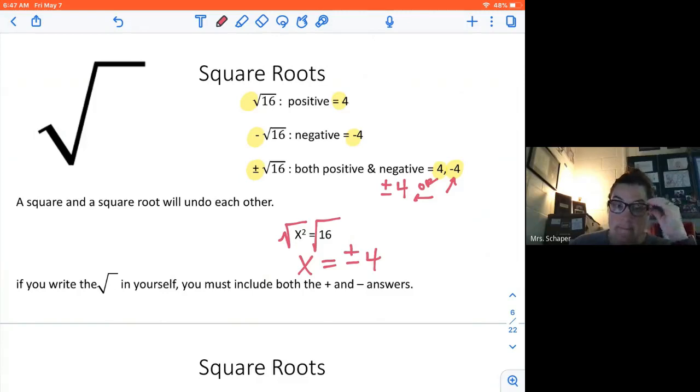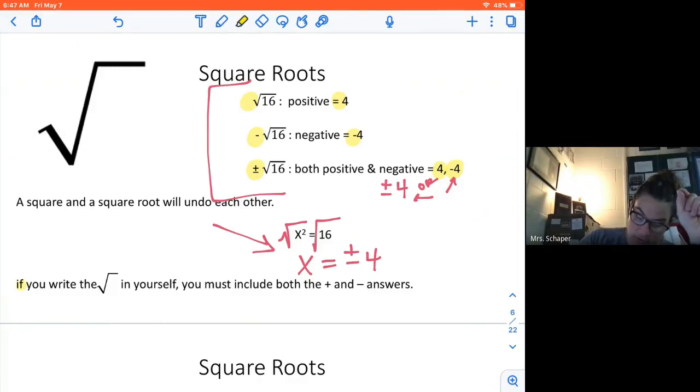How do I know that? The difference is these 3 are expressions. This is an equation. And when you solve the equation, you want all the possible answers. Okay, so this is the note. If you write the absolute value symbol in yourself, you must include both answers.